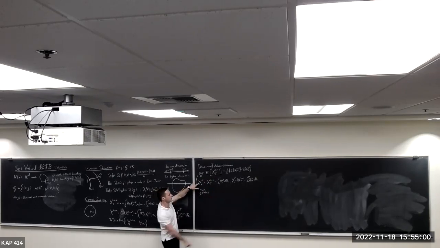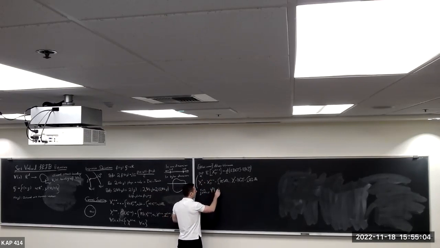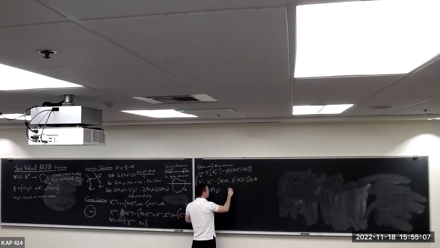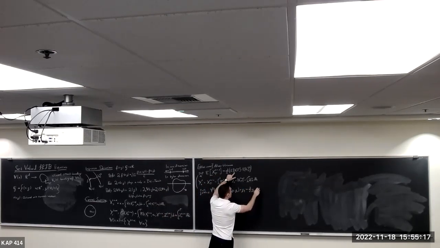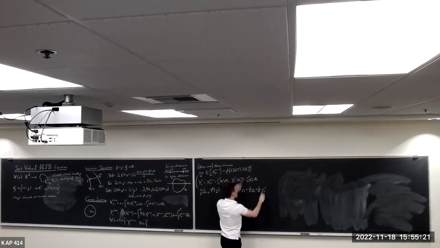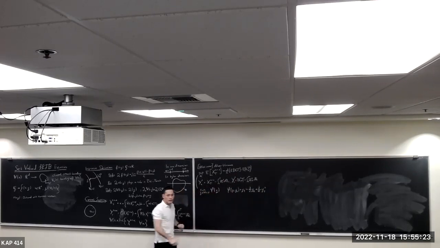Once we have collected these y1s and y2s, phi of y1, y2, for the expected we have y1, and then minus lambda over 2 y2, plus lambda over 2 y1 squared.